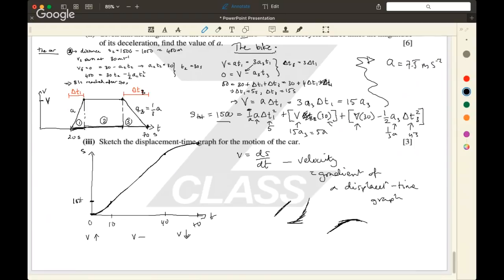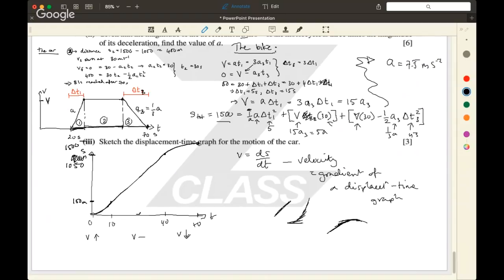Displacement was 150 meters after 10 seconds, and over here it was 1050. And at that high point that I couldn't fit on the graph, it was 1500. So yeah, that's the displacement time graph.